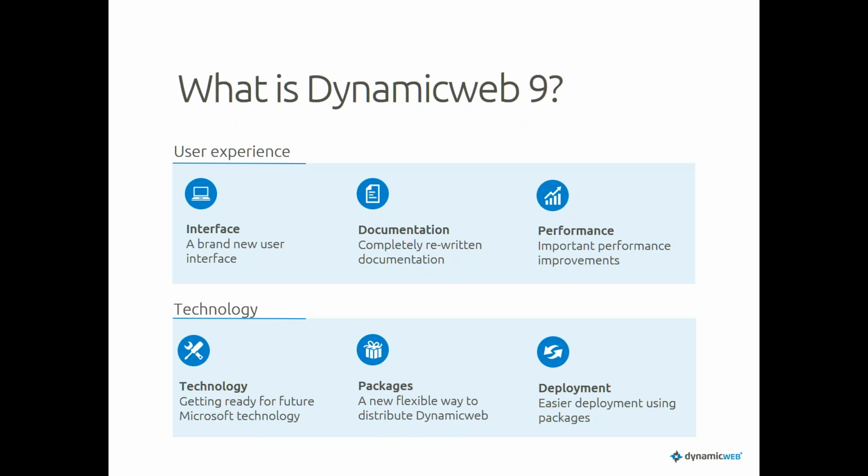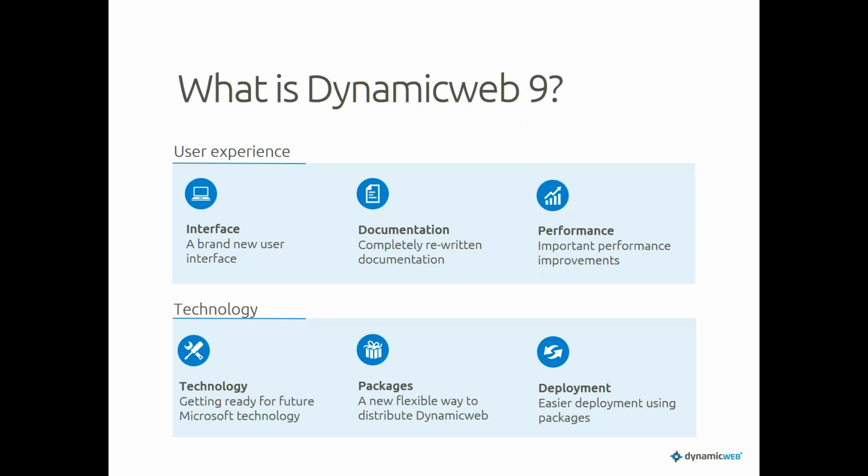Another thing that we spent a lot of time and energy on is upgrading all of the documentation of Dynamicweb. I'm going to show you the new documentation portal, which is really cool compared to what we have today. So implementing and using the system has been simplified quite a bit for new users, because the documentation is much better.